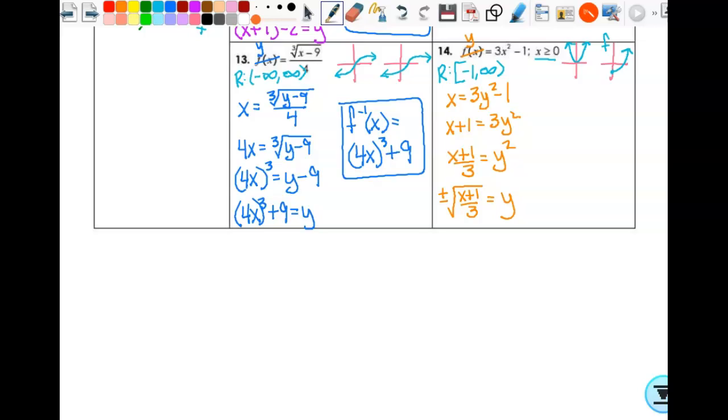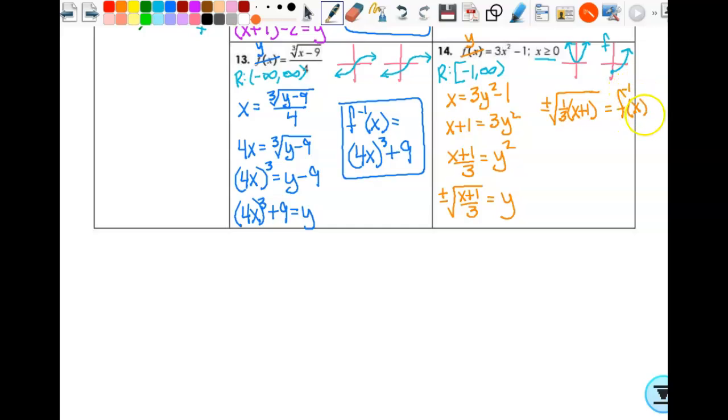So I could separate this into the square root of x plus 1 over the square root of 3, and I could rationalize, or I can rewrite what's on the inside right here as plus or minus the square root of 1/3, and then I'd have to have x plus 1 in parentheses, right? Because those parentheses matter, because you're dividing the whole thing by 3. So then that's totally fine, and that is equal to f inverse of x.